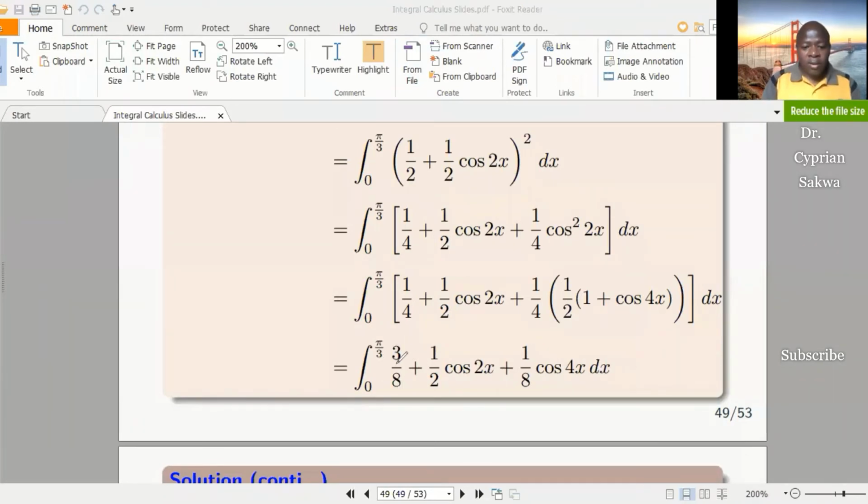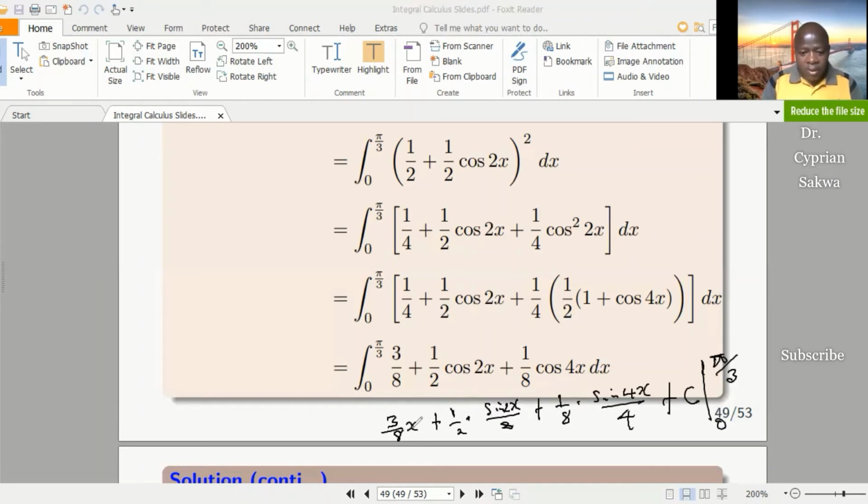The integral of 3 over 8 dx is 3 over 8 x plus a half, a constant, times the integral of cos 2x, which is sine 2x divided by 2. Plus 1 over 8 is a constant. The integral of cos 4x will be sine 4x over 4. Then plus the constant of integration. Then put the limits, which are 0 to pi over 3.